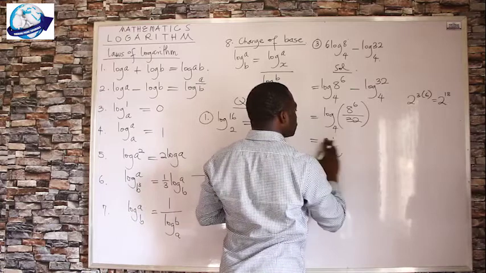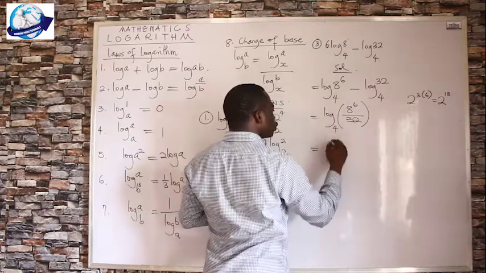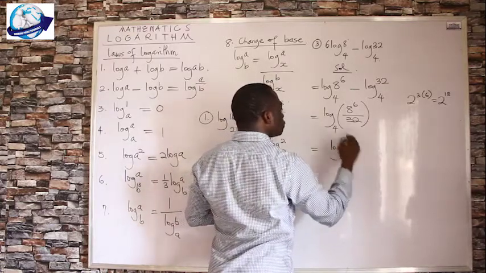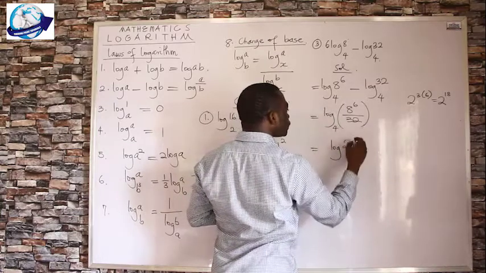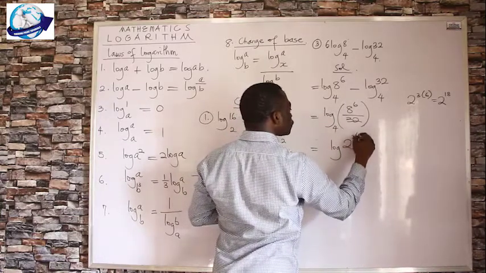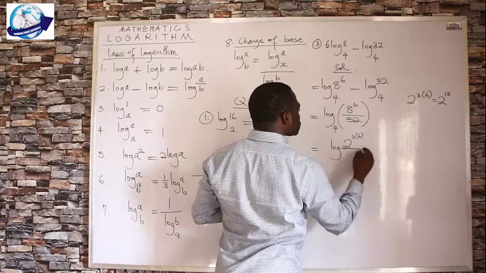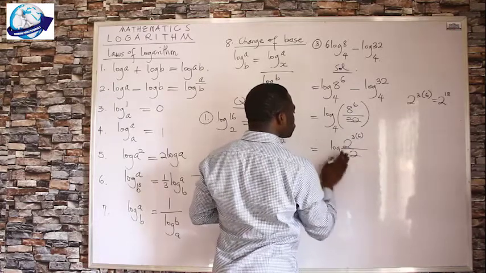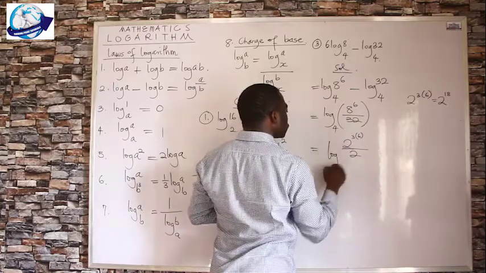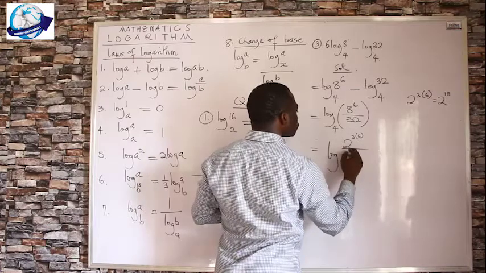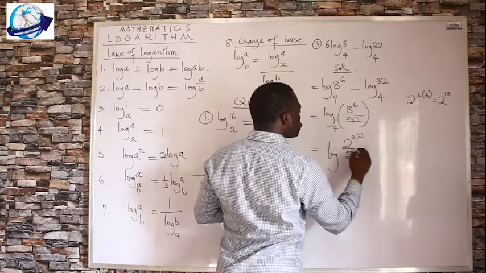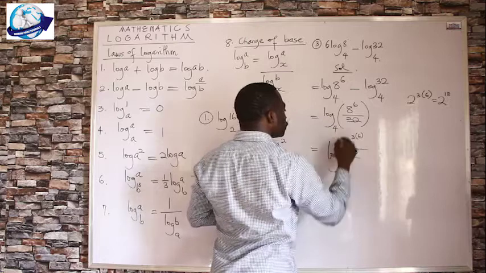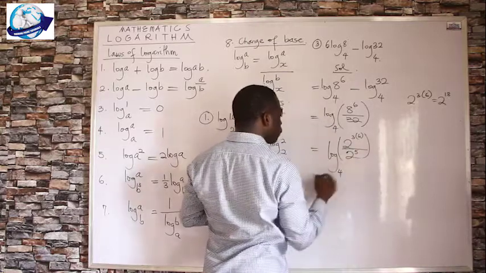Then let me take it down a little bit. So log of 2 raised to the power of 3, 6 all over 2 raised to the power 5. Okay, this is what you have. Then don't forget that you have base 4.